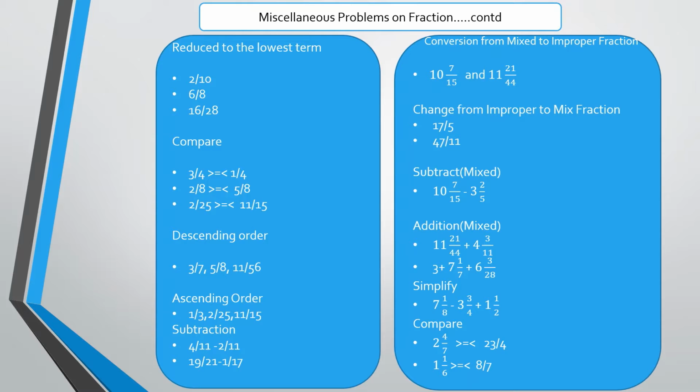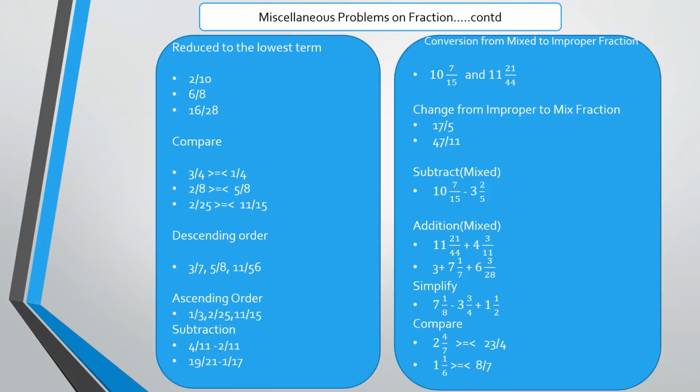How to compare different types of fractions, which one is bigger, which one is smaller, whether they are equal to each other, between like fractions, unlike fractions, proper fractions, improper fractions, mixed fractions. We'll also learn to solve fraction problems in descending order and ascending order.